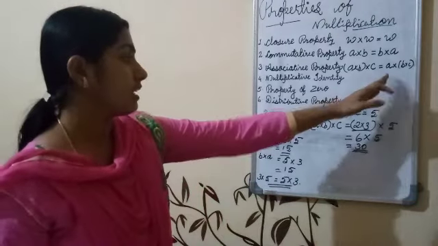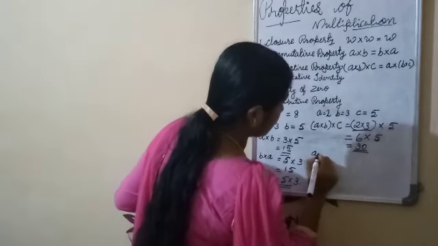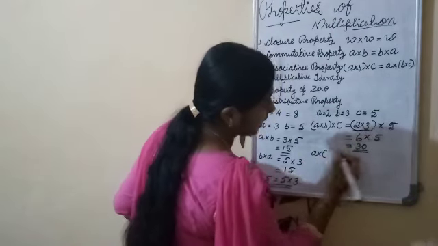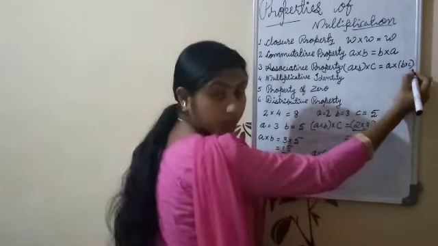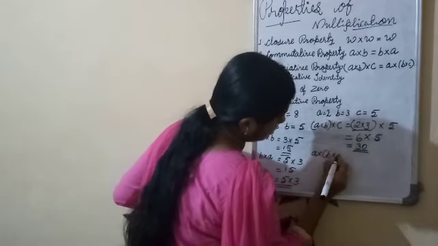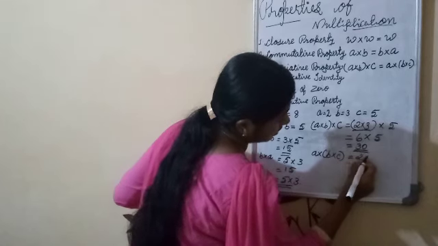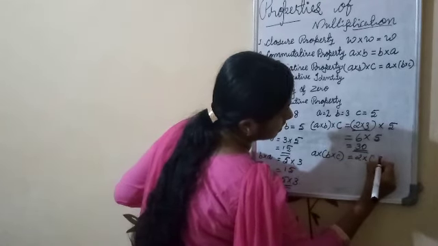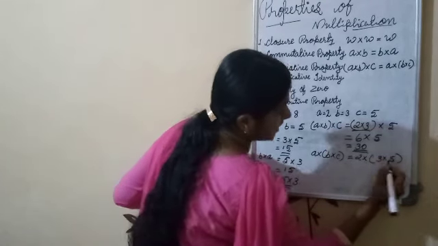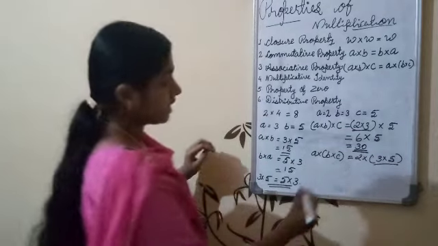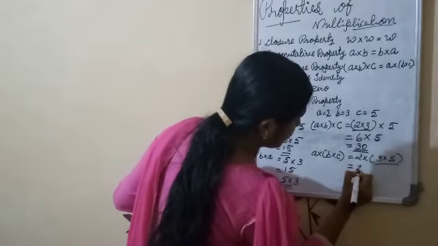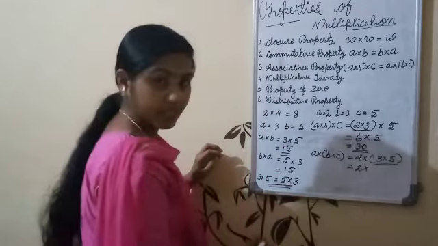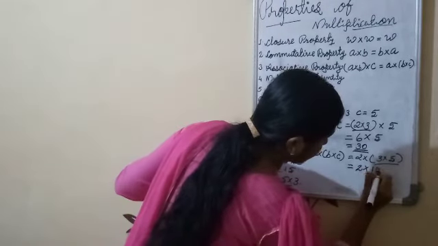Okay, then a into, here the group b into c. a into (b into c) equal to 2 into (3 into 5). Then remove this bracket. Therefore, that's equal to 2 into 3 5s are 15.